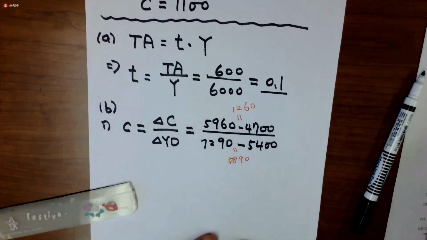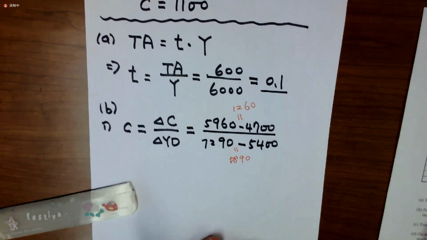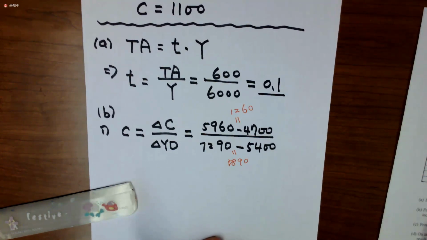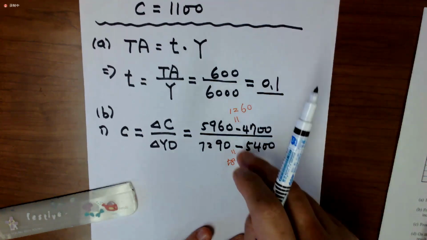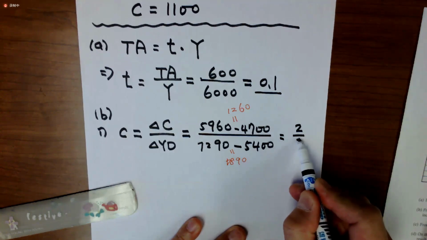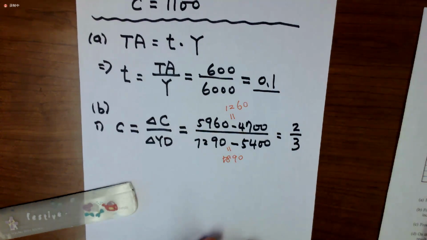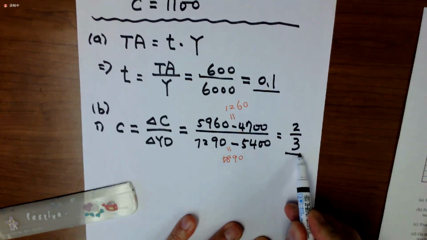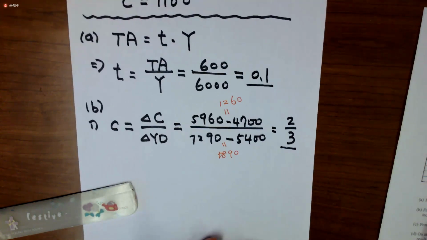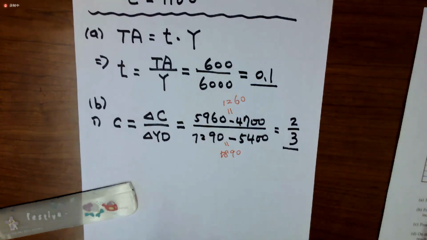Here you need to be careful. This is where your elementary school or middle school math comes in. This divided by this will give you 2/3. Your calculator will tell you this is equal to 0.666667, but actually it's equal to 2/3. You need to be able to handle fractions, and 2/3 is a nicely looking number.